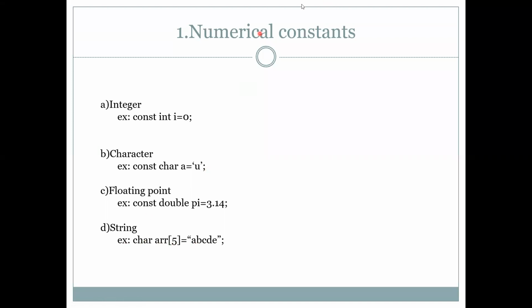Let me tell you in detail about the string. The string is a collection of character values, right? So how to declare the string? Write char, the same data type, then the name of the string, and in square brackets pass the size.